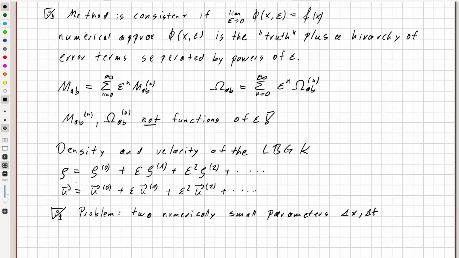We have to pay in space and we have to pay in time. So what we like to do is to couple both of them together and just ask what we have to pay. And this means we have to make a statement of how delta x relates to delta t, so that we have only one small parameter.